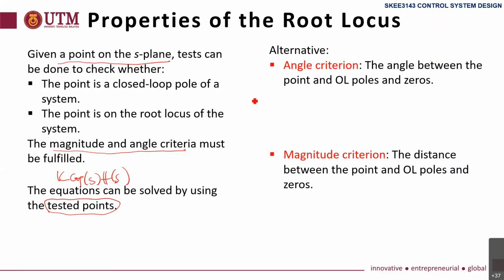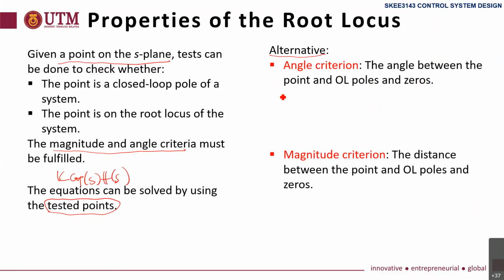This is one way. We also have another alternative to test whether it is a closed loop pole or not, by testing both criteria. Angle criterion means the angle between the point and the open loop poles and zeros. We will do an example later.